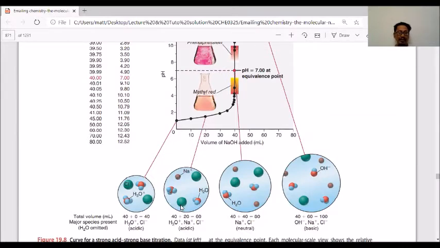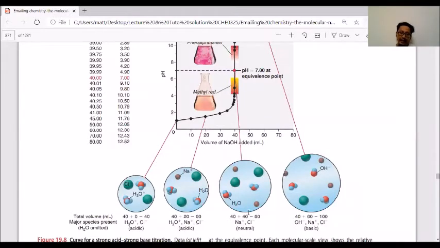This is before equivalent point, maknanya you still have a certain amount of hydronium ion present. Since here sodium hydroxide is a limiting reactant, so sodium hydroxide is finished lah, habis. So what present? Remaining hydronium ion, and then you have sodium ion, of course lah, because sodium hydroxide reacts with the HCl producing sodium chloride. So you have sodium ion and chloride ion. Okay.